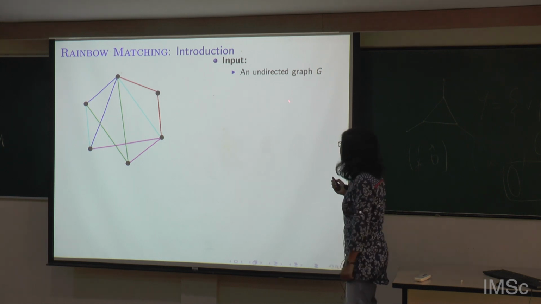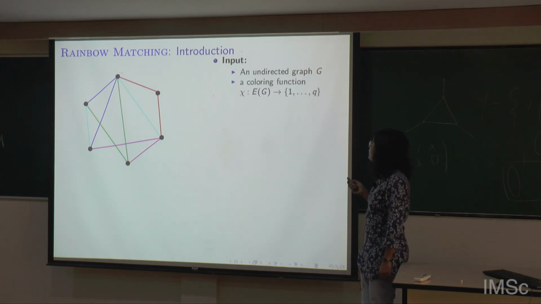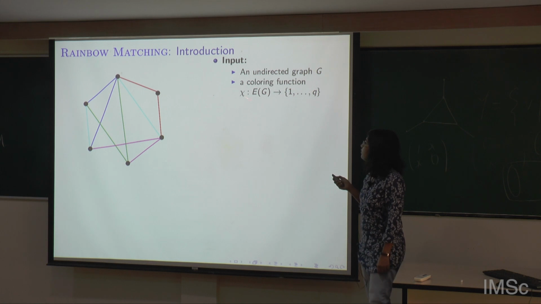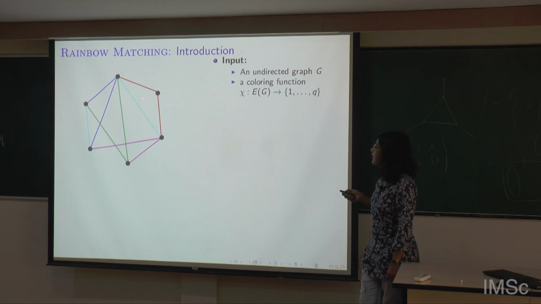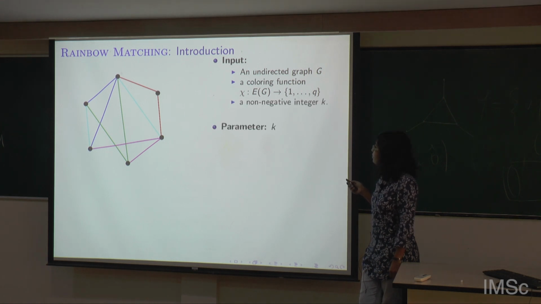You are given an undirected graph and a coloring function, which we denote by chi, and the colors are on edges. This is the graph, and there are colors on edges, and as you can see from the picture, this is not a proper coloring; it could be any coloring on the edges. I have colors 1 to q and a non-negative integer k, and the question we ask is: does there exist a colorful matching of size at least k?